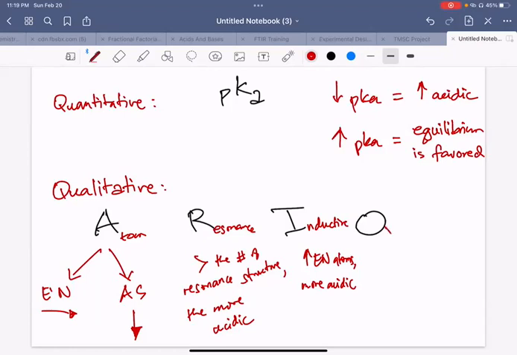And the last one is orbital hybridization. The higher the percent S character, the more acidic the compound is.